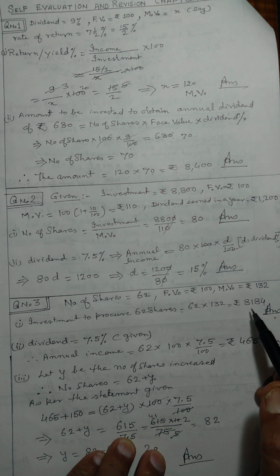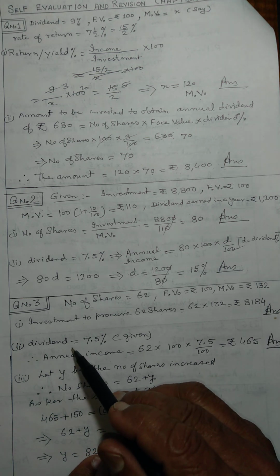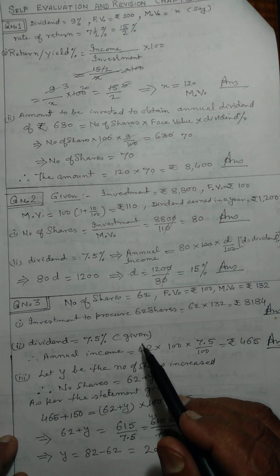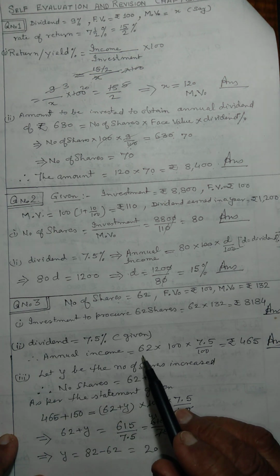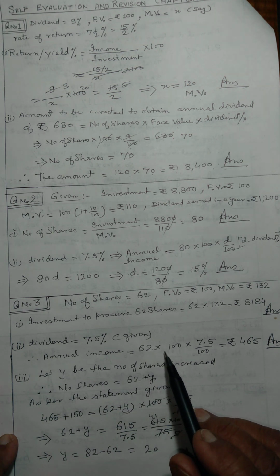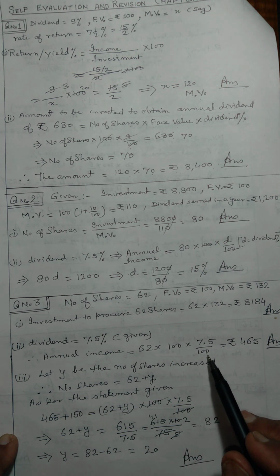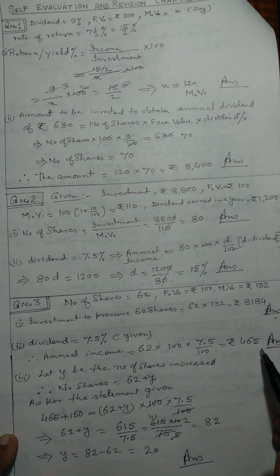This will be equal to 8,184. Dividend is equal to 7.5% given. So therefore the annual income is equal to 62 into 100 into 7.5 by 100. Solve it, you will get the answer 465.